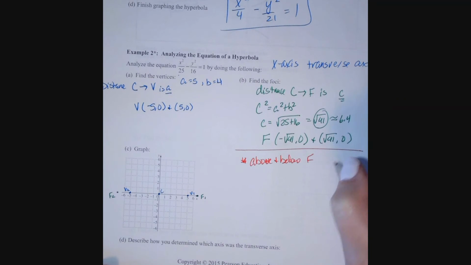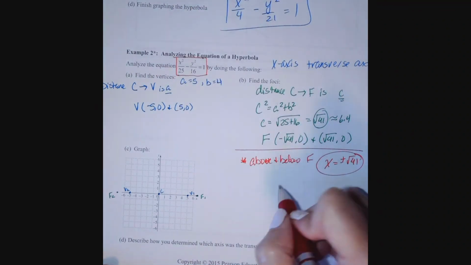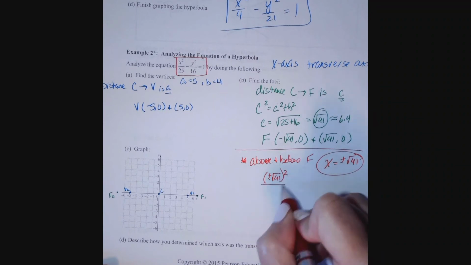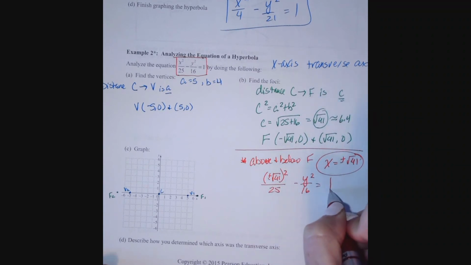The value of x at the foci is plus or minus square root 41, right? So I'm going to plug that into the equation that I was given to start with. That is plus or minus square root 41 squared over 25 minus y squared over 16 is 1, and we're going to rearrange those terms again to solve for y squared.